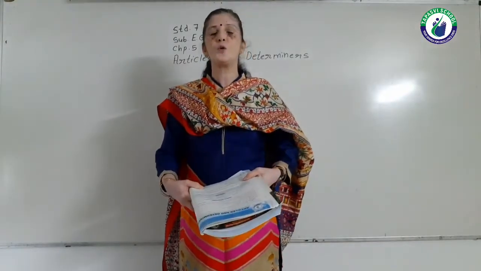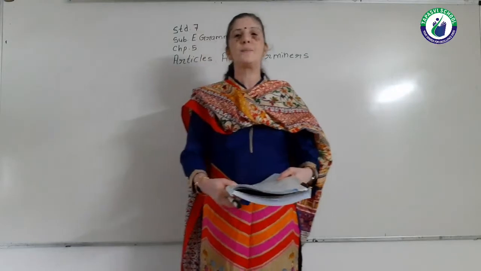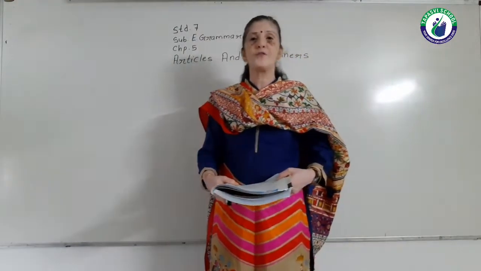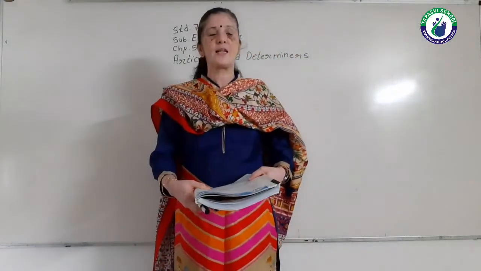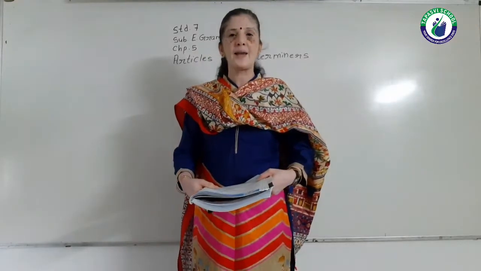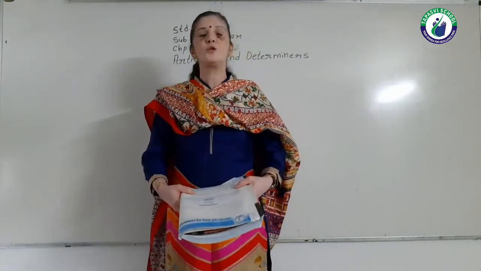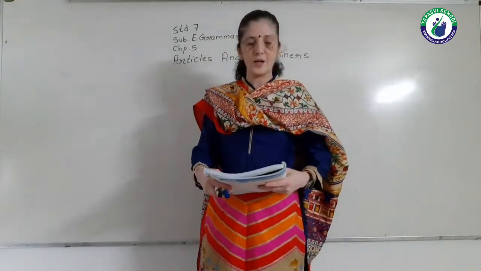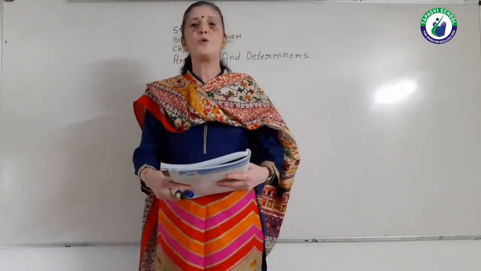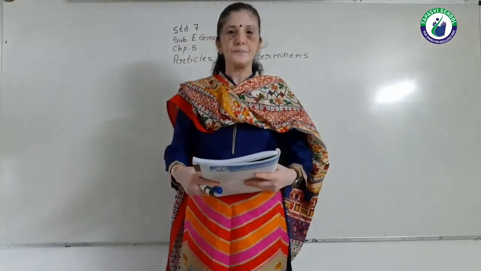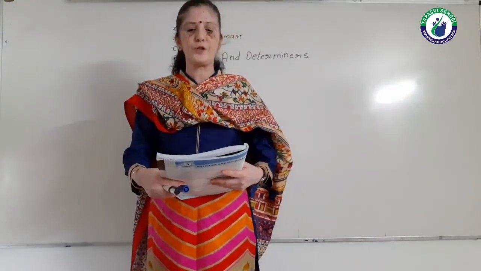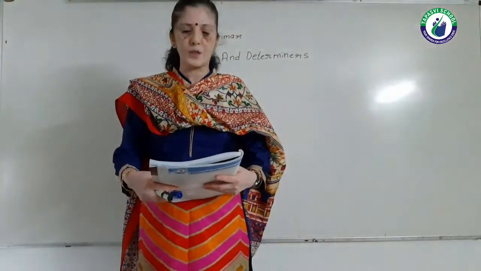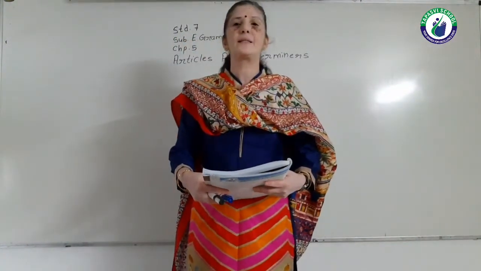Means a is used before a singular countable noun and the sound of that noun must be consonant. It is used before kind and species, and it is used before the rank, community and for the profession also. Now use of article an. Article an is used before singular countable nouns which begin with a vowel sound.